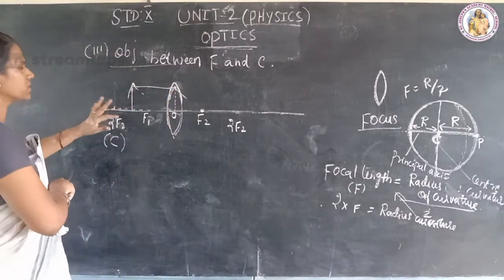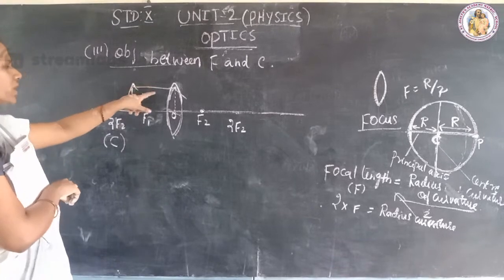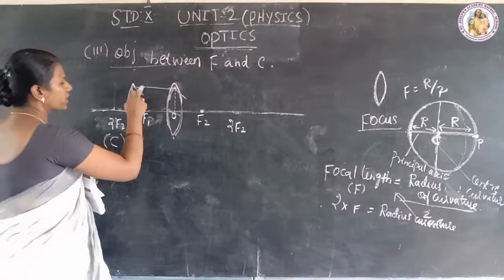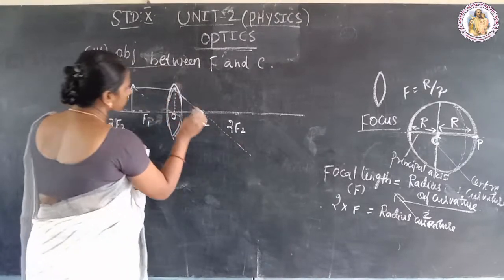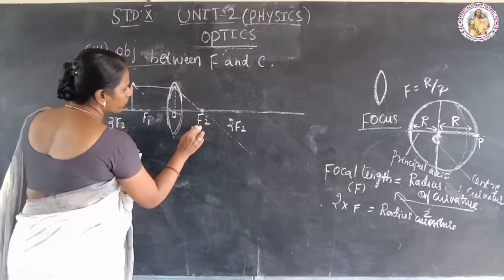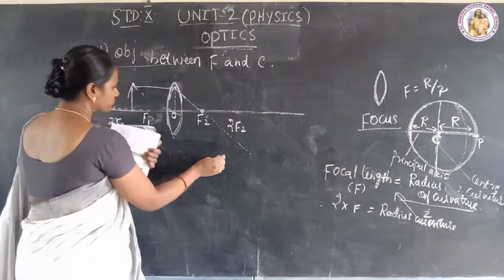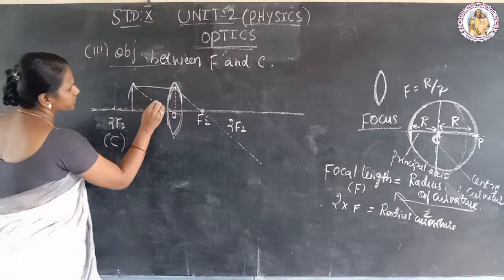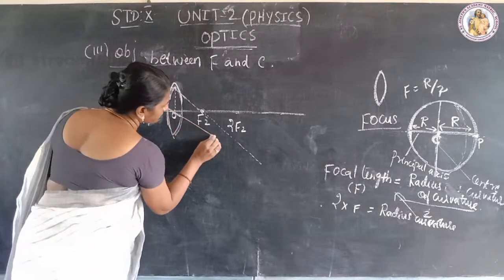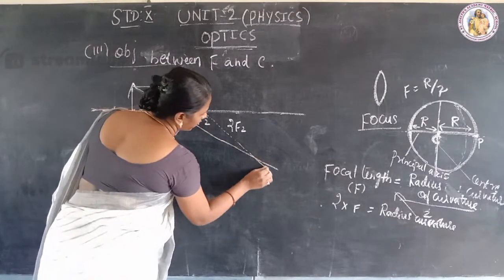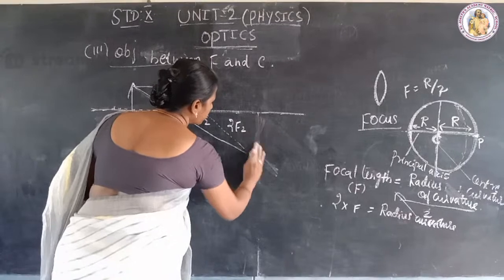Here I am showing you the principal axis, that is the parallel axis. Parallel rays, after refraction, go through the principal axis, so they go through the principal focus. This is the principal focus, and this is where the image is formed.